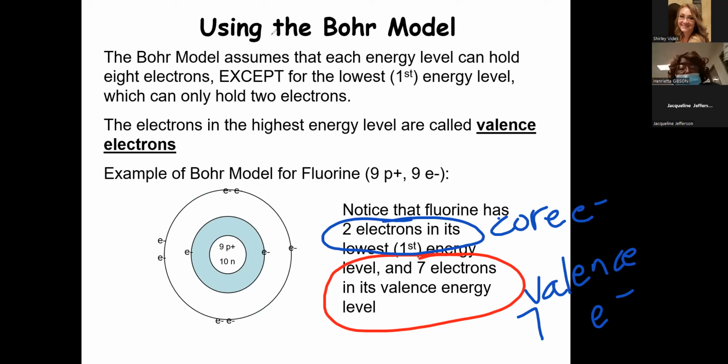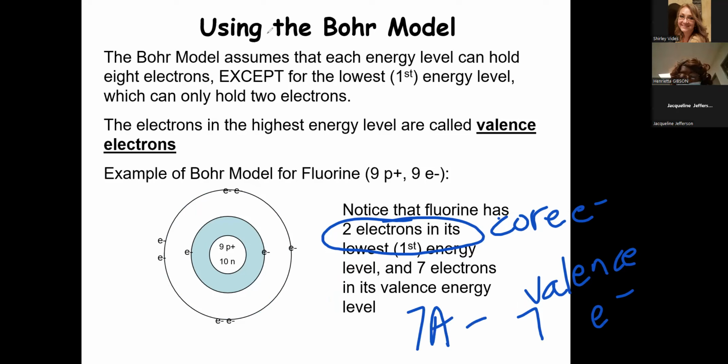If you look for fluorine on your periodic table, you will notice that fluorine is in 7A. 7A, 7 valence electrons. See that?